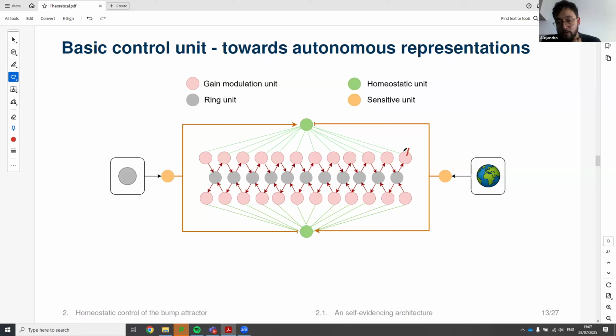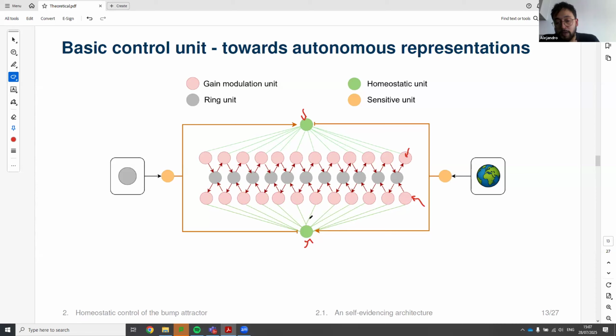And then we have these gain modulation neurons, which are tuned to change the excitability of the neuron they are connected to. As you can see, these neurons go in two directions, and they are influenced by two important inputs which we call homeostatic units.